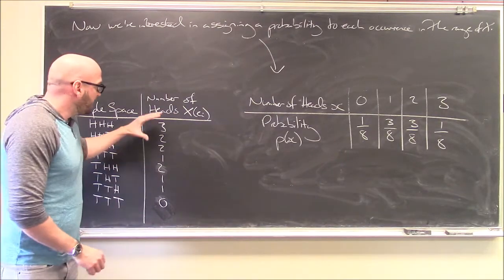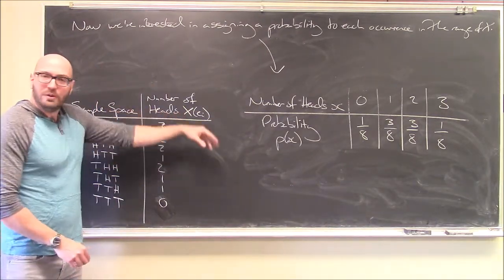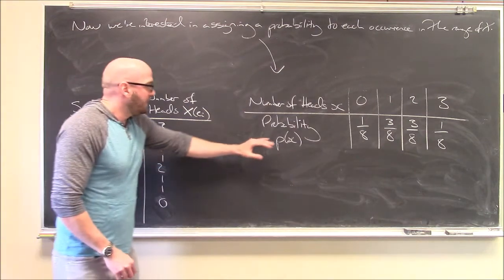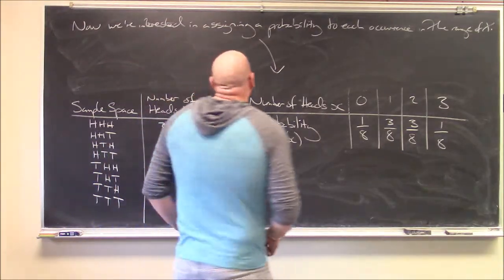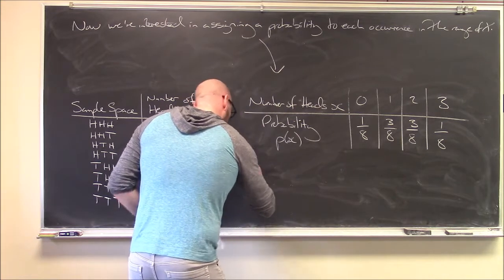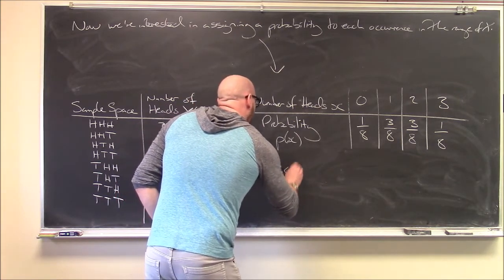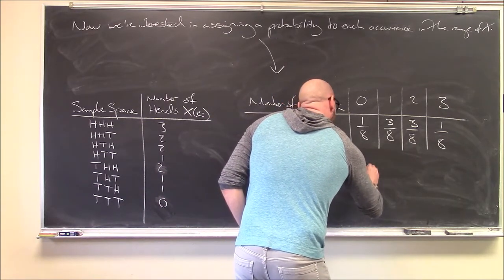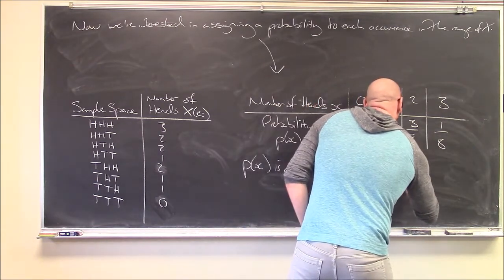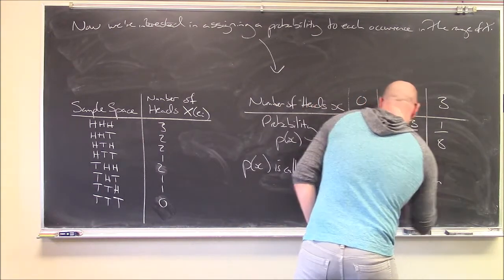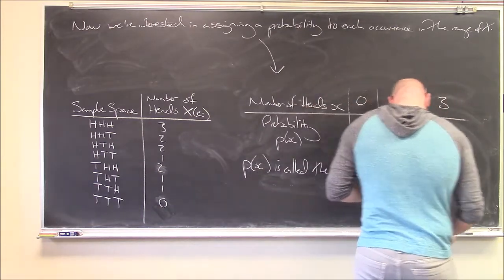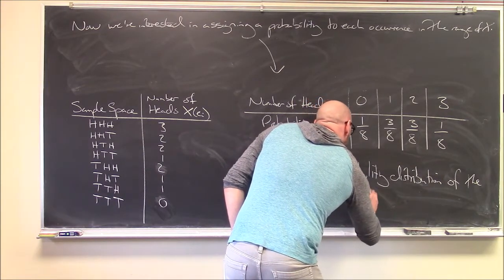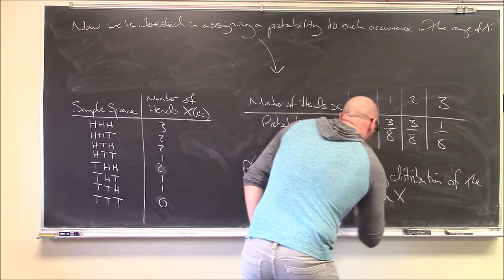Okay, so for each value in the range of this random variable, I've now assigned a probability. This has a name as well. This probability function p of x is called the probability distribution of the random variable x.